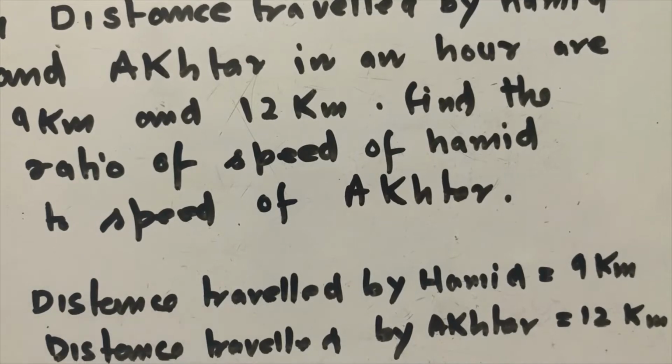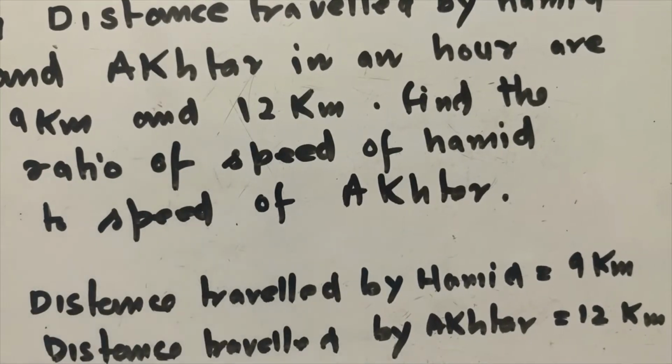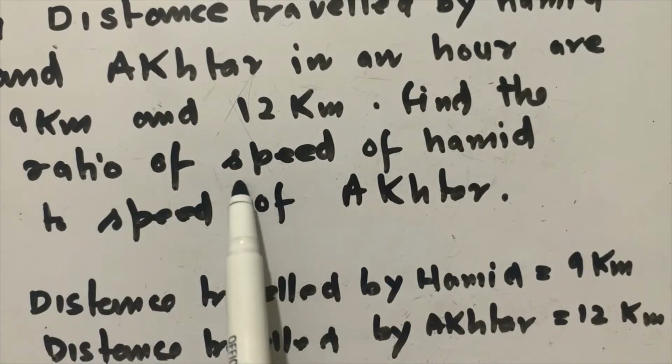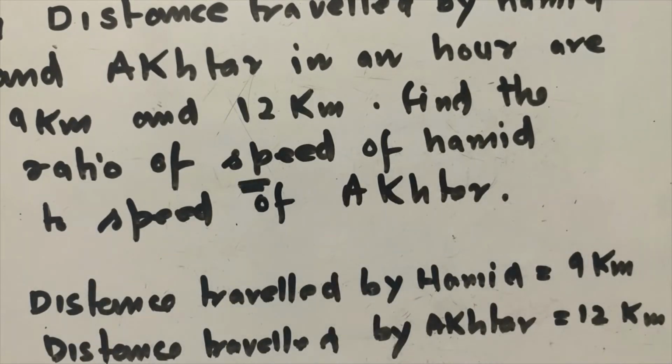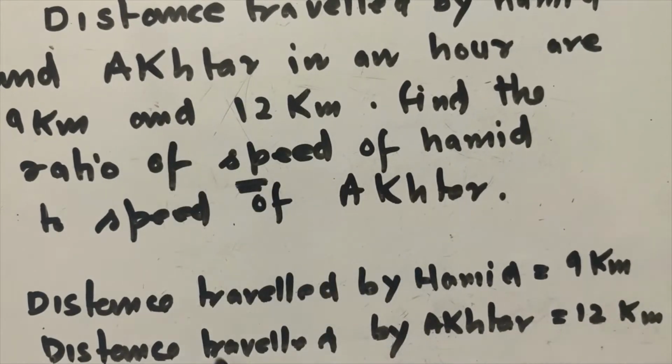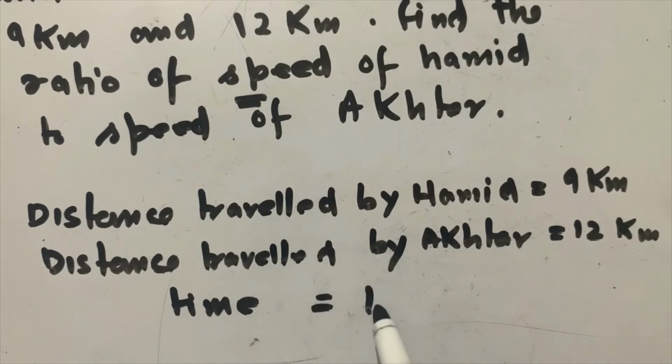Now a question is asking to find the ratio of speed of Hamid to speed of Akhtar. ठीक है, और ये डिस्टेंस 1 आवर में, टाइम इज इक्वल टू 1 आवर.